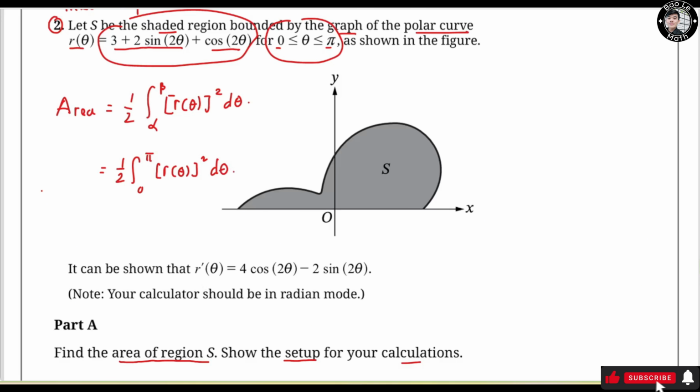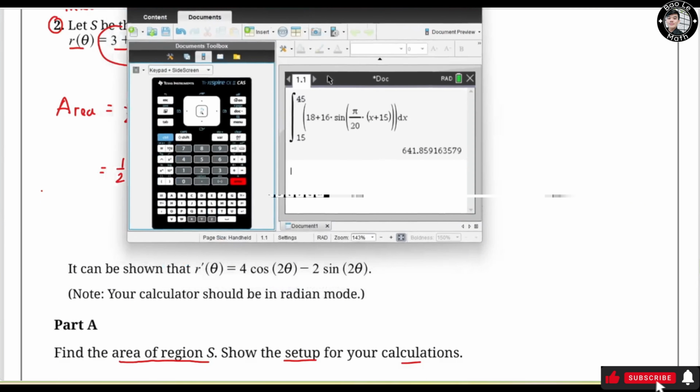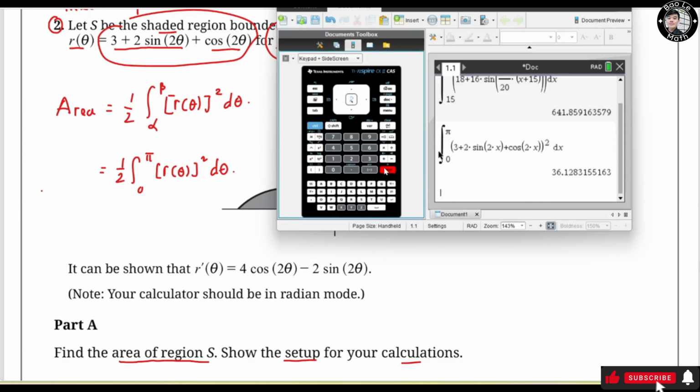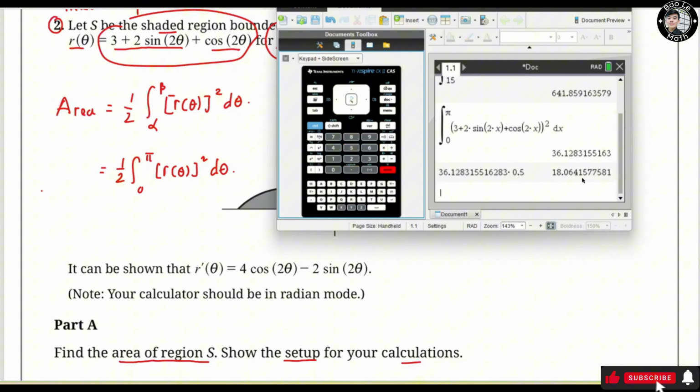Now we're gonna bring up the calculator. I'm gonna copy this down over here. Press Ctrl Enter. It's gonna be 36.128. Then you need to divide this by 2, or multiply this by 0.5. It's gonna be 18.064.